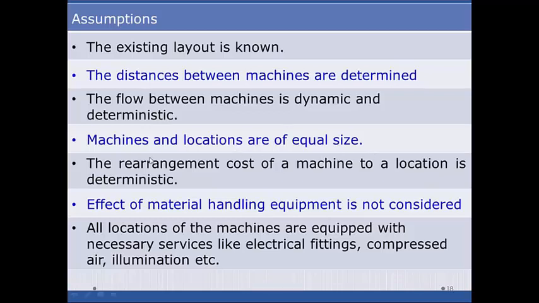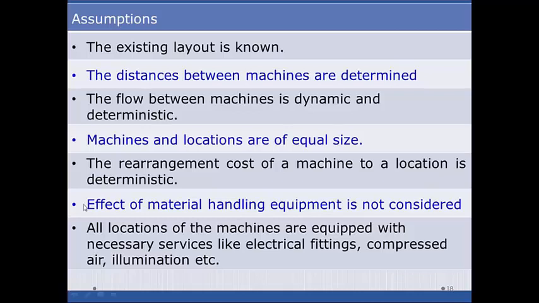Machines and locations are of equal size. This is an assumption. The rearrangement cost of a machine to a location is deterministic. Deterministic means it is assumed that for moving one machine from one location to another, the time required, the resources required, and the cost incurred for that operation are known.